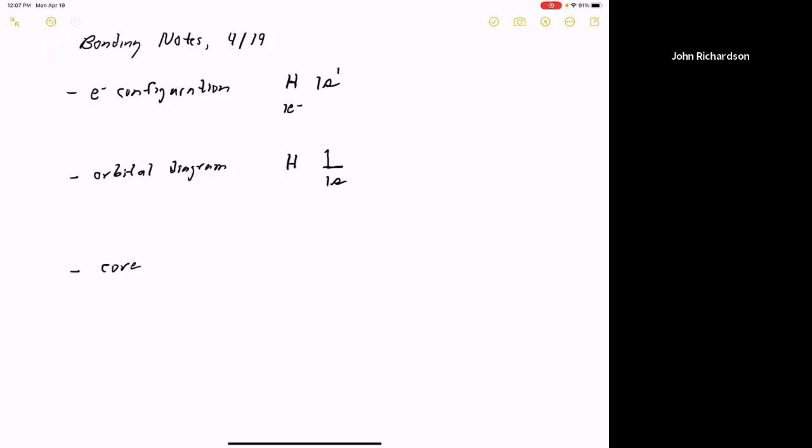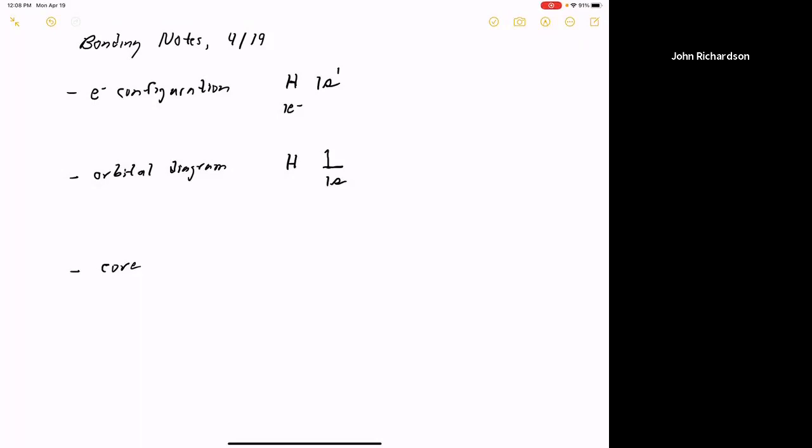Those are the inert gases over on the very far right of the periodic table. And then we're going to have the valence electrons, which we're going to look at separately. Those are any electrons beyond the core configuration, which is made up of the electron configuration of the noble gas. So we're always looking at the next previous noble gas to whatever species we're looking at.